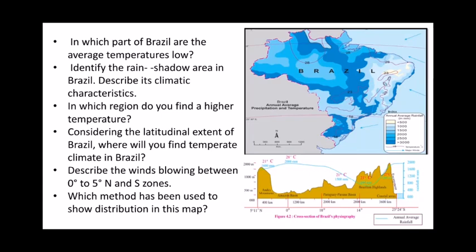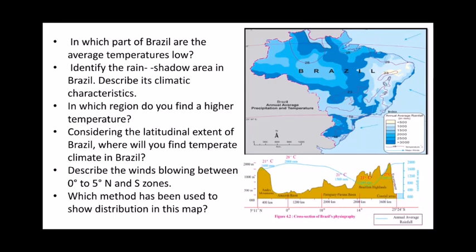The northeastern part of Brazilian highland is a rain shadow region. Beyond the highlands, the effects of southeast trade winds get reduced and the rainfall is minimal. Also, the temperature here is quite high. This rain shadow region is called the drought quadrilateral.